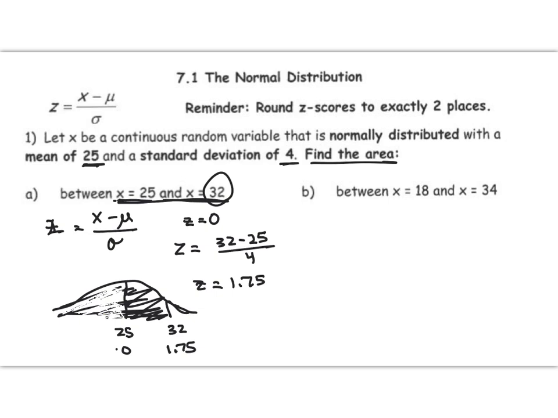Hopefully you remember that it's 50%. That way it's one less value you have to look up in your table. So when I look up 1.75 in my table, I get 0.9599, and if I subtract 50% from that, I get a value of 0.4599. And that's my answer for that one.